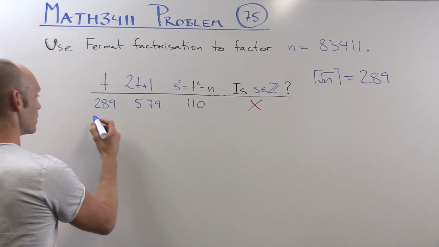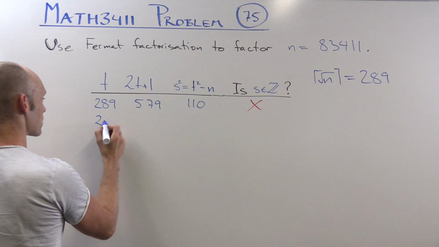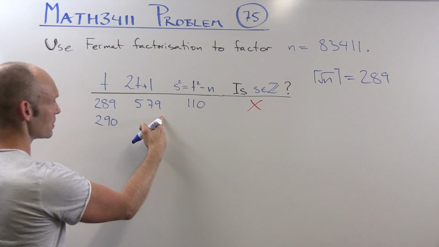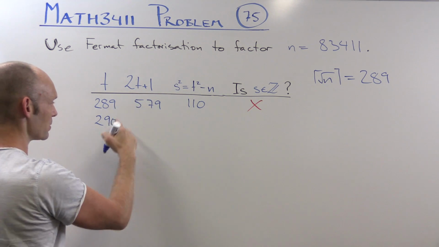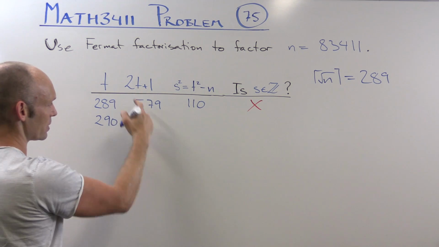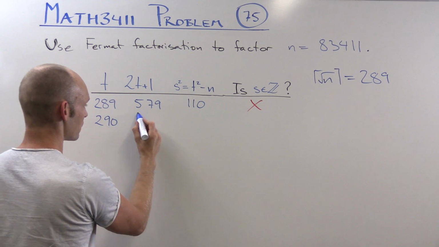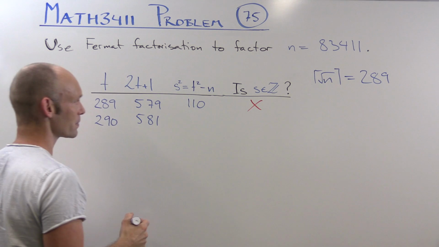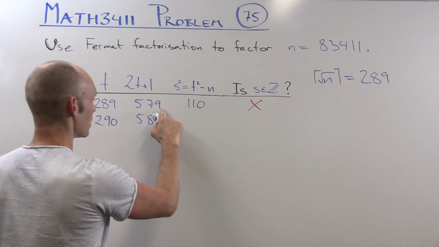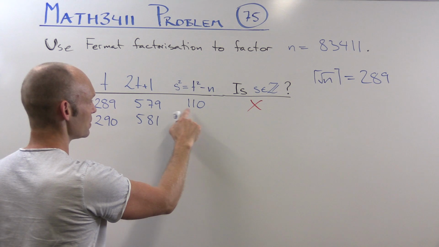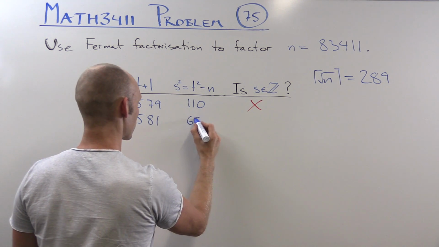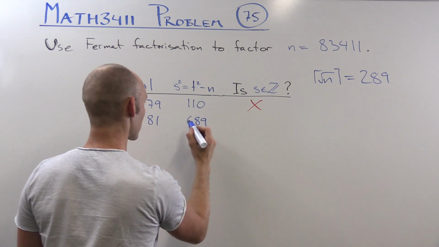So the next value of t is 290. And here, to get the next number, this is just 2t plus 1. Here we've added 1, so we're adding 2 here. So this is 581. Now to get this number, we just take that number there and add it onto here. So we get 689.